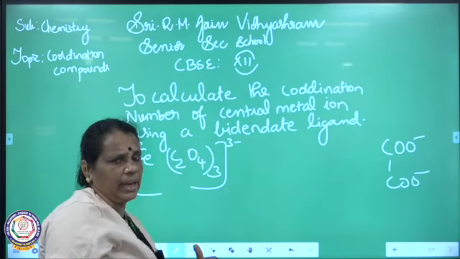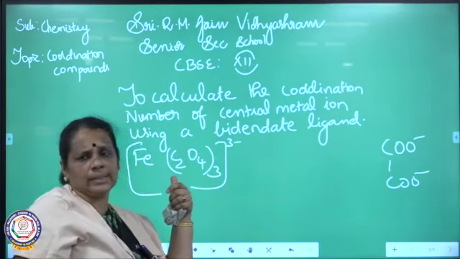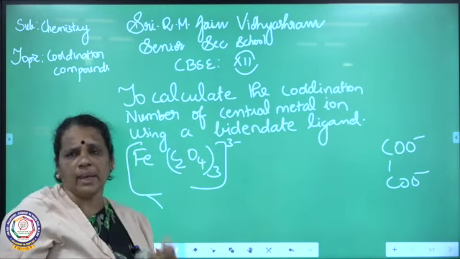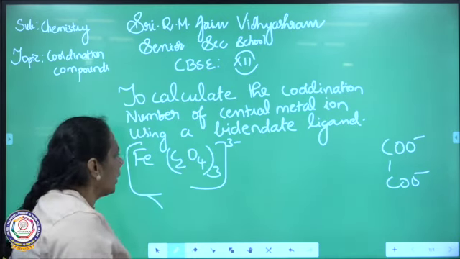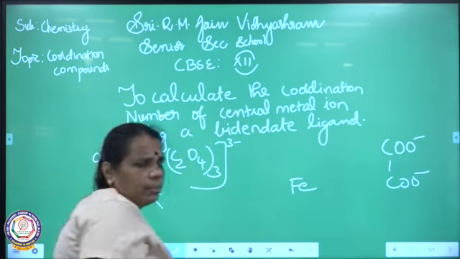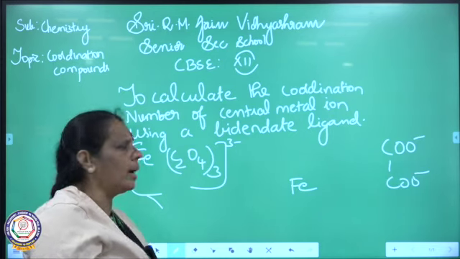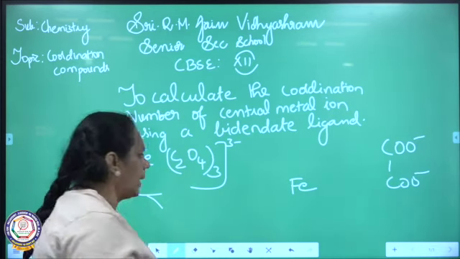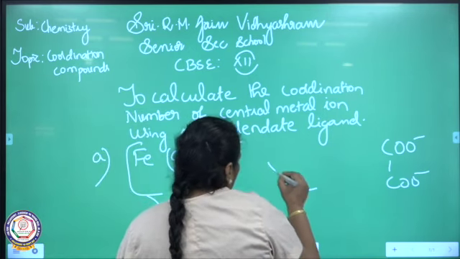We are going to see how this oxalate is bonded to the central metal ion, and we are going to calculate the coordination number also. For example, I am going to write iron in the center. It is the central metal ion here, and it is bonded with 3 oxalate ions. We are going to see now how it is bonded.